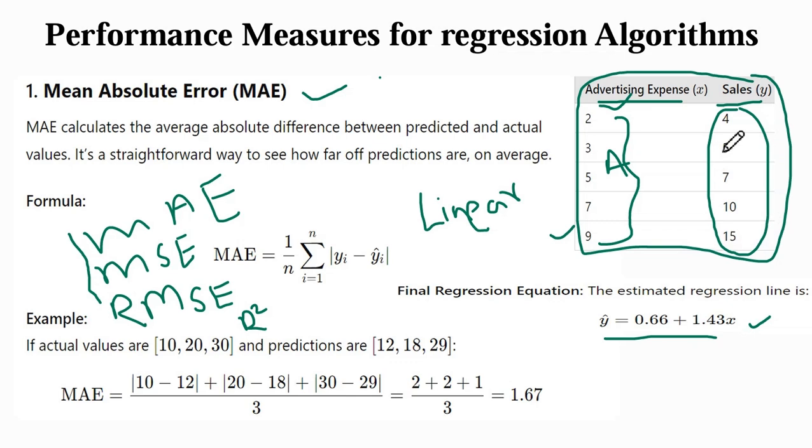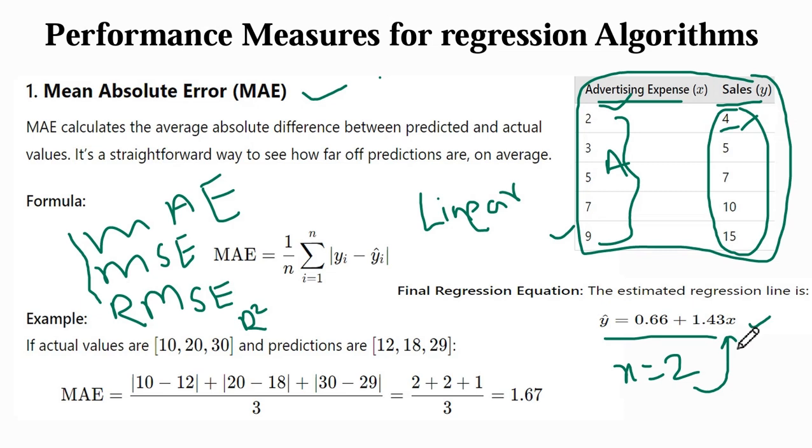For example, take x equal to 2. If x equal to 2, what is the actual output? 4. Now if you substitute x equal to 2 in this equation, we get some value.